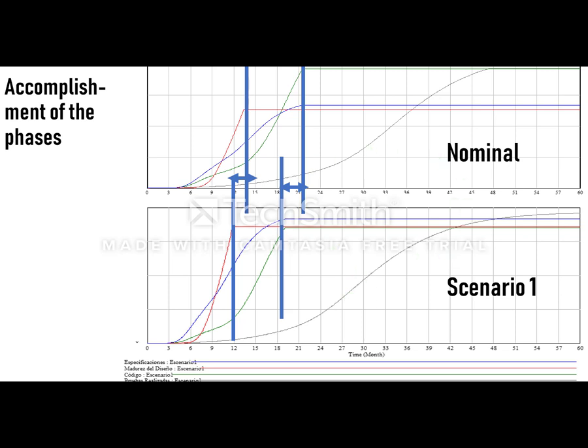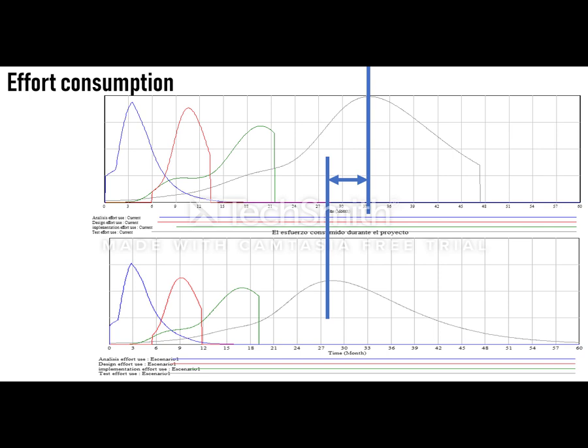The phases are accomplished earlier in time in scenario 1 compared to the nominal scenario. Regarding the effort consumption, there is a clear effect. It is evident how the effort consumption occurs earlier in time, which is in fact the cause of all the improvements in the behavior of the whole system and its specific state variables, so the stocks I mentioned before.